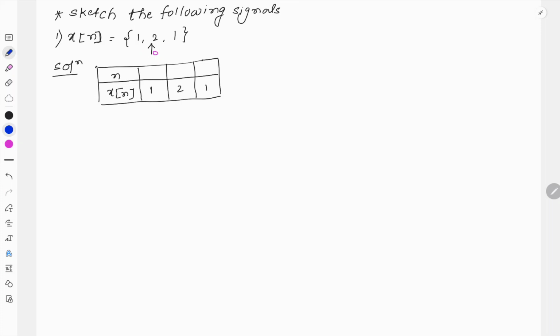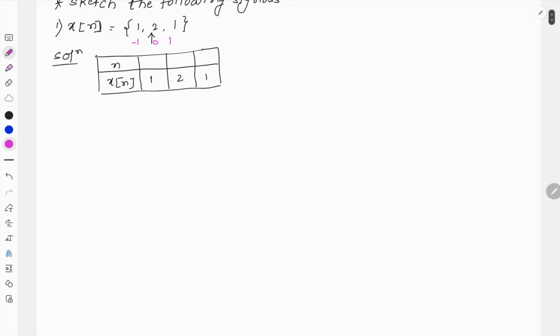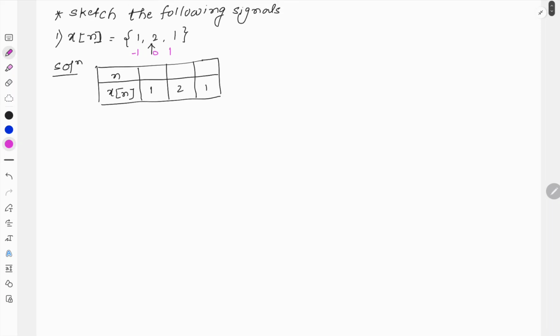So this arrow indicates the origin. Towards left hand side, we have the negative indices. So here we will have -1, and towards right hand side, we have positive indexes.